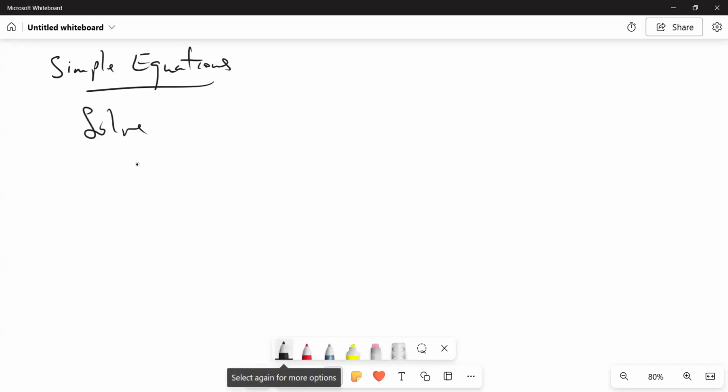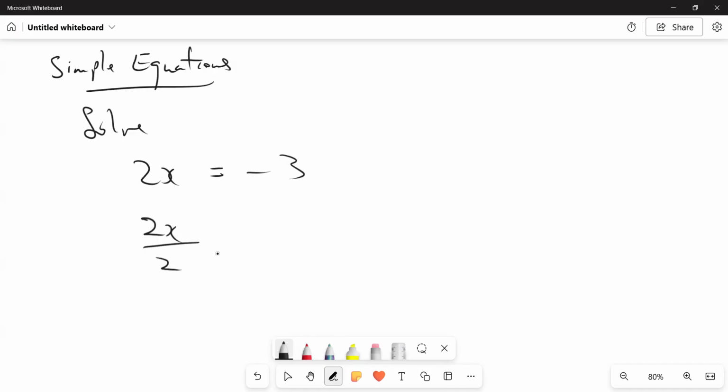So say you have 2x equal to minus 3, right? So you have a product here now. You're not going to subtract now, you're going to divide. So you divide both sides by 2, and you get this. These 2 will cancel out, right? And you end up with x equal minus 1.5.